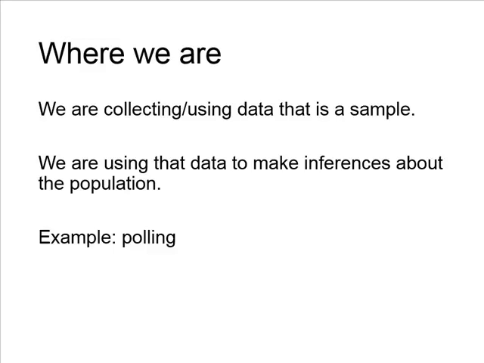So here's where I think we're at in the course. We've talked about the idea of data. We've talked about how we can collect it. We've also talked about the difference between a sample and a population. It's always sort of been looming around, right? We have to make inferences.